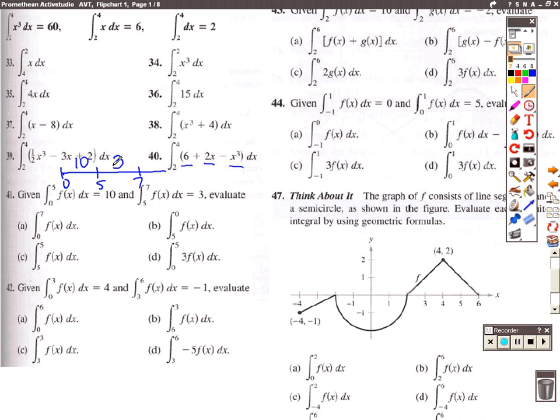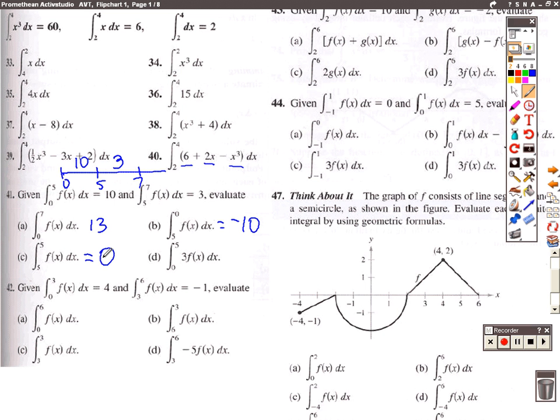We're looking for 0 to 7 of f of x, so we can see from our number line that that would be 13. In B, we're going from 5 to 0, so we're reversing that. So when you change directions, you change the sign. So if 0 to 5 is 10, then 5 to 0 would be negative 10. Change directions, change sign. Letter C, if we don't make any travel, 5 to 5, we get 0.